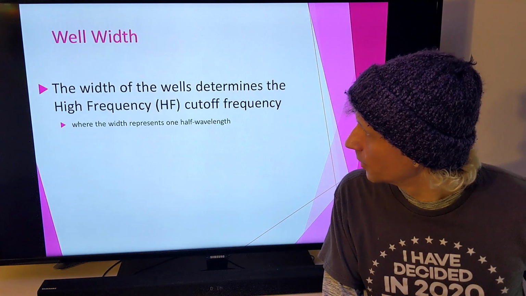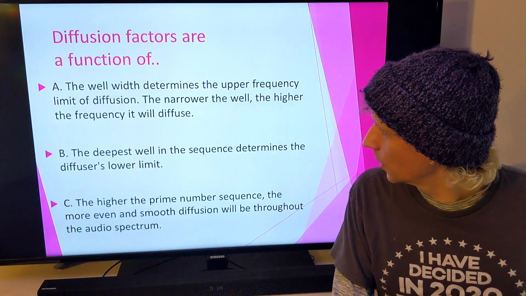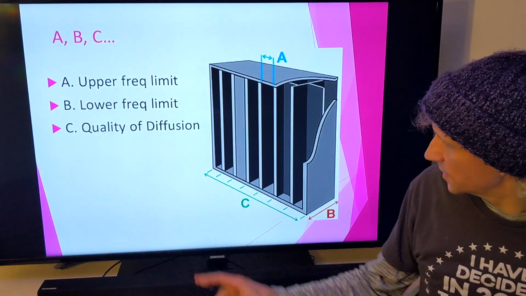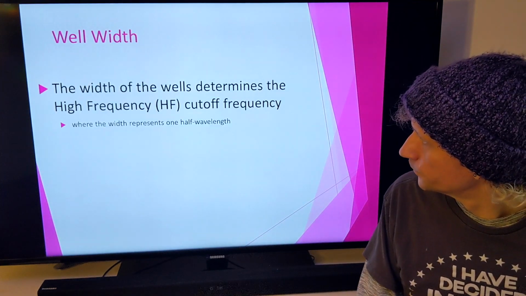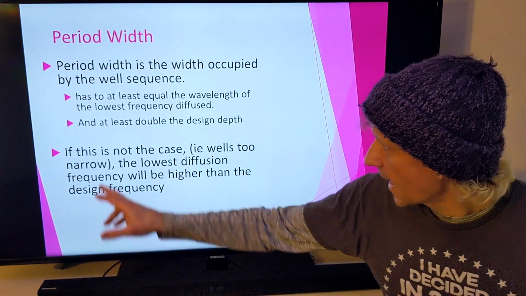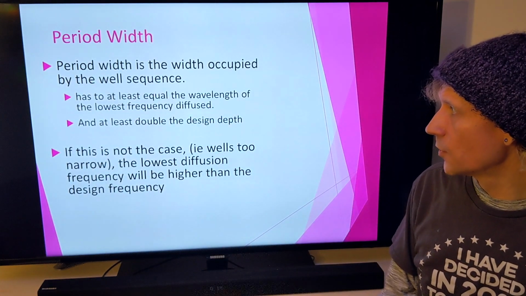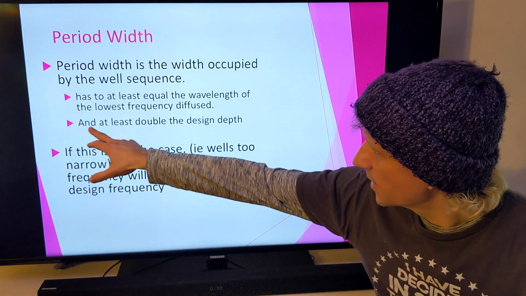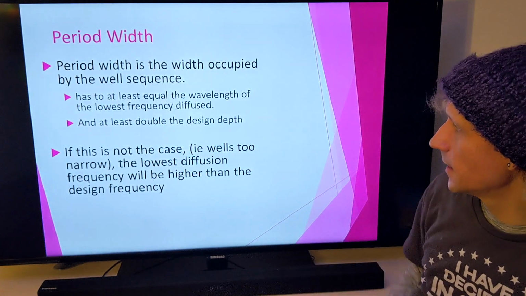That's the period width. You can do it longer than that. That's the period width, and that has to be at least equal to the wavelength of the lowest frequency diffused.